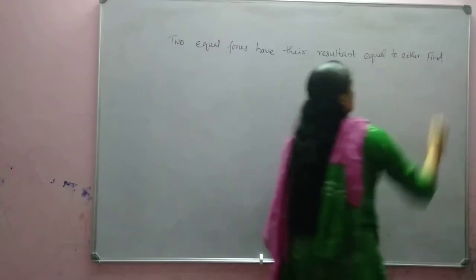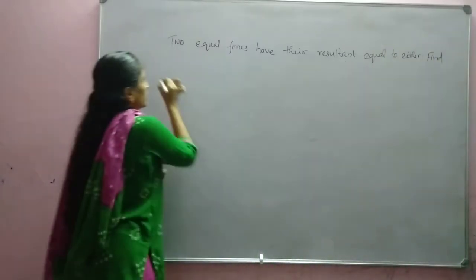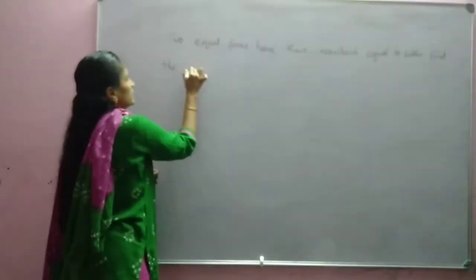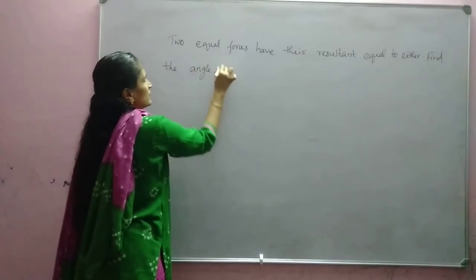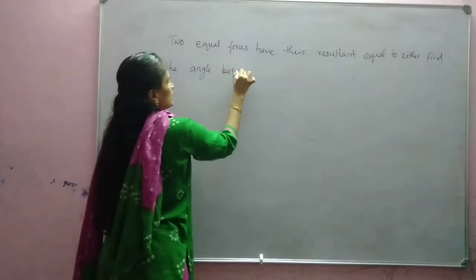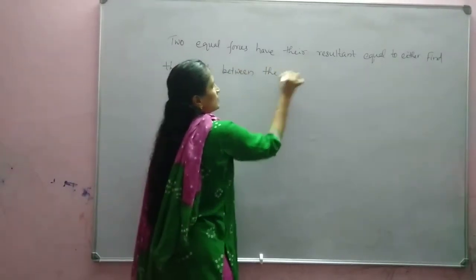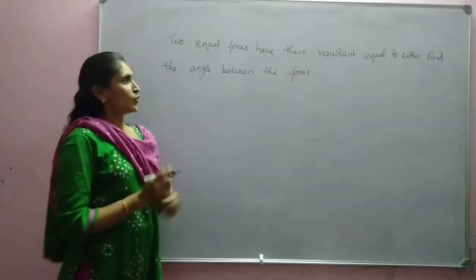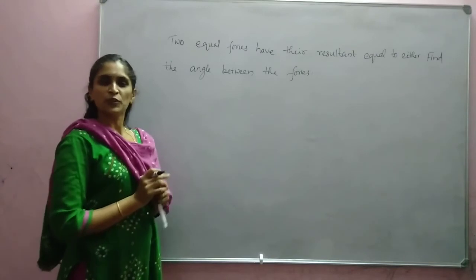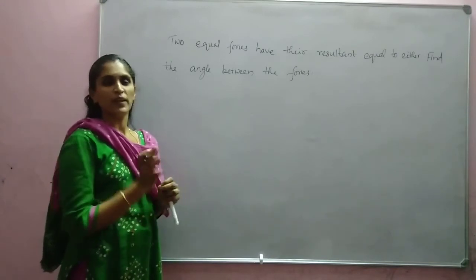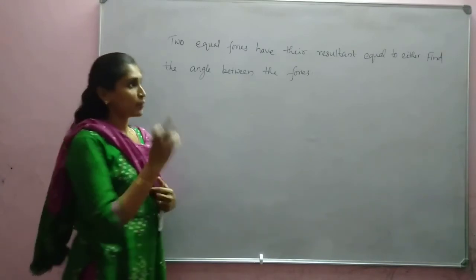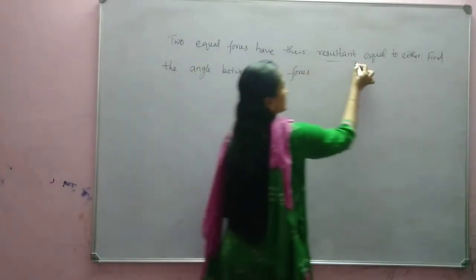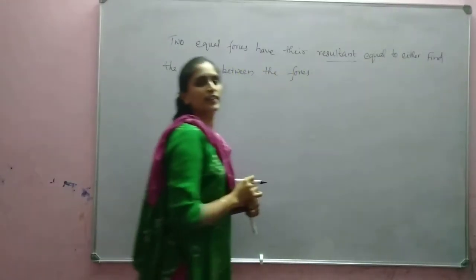Find the angle between the forces. Here their magnitudes are given, but the angle is not mentioned. And it is given that their resultant is also equal to that vector.